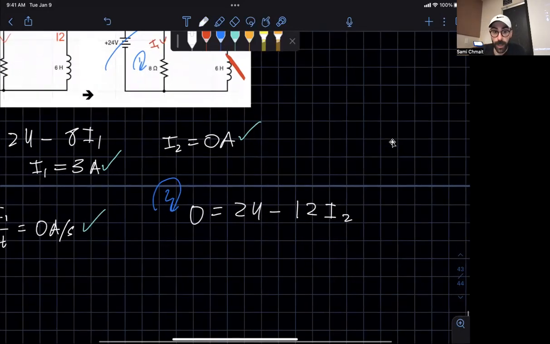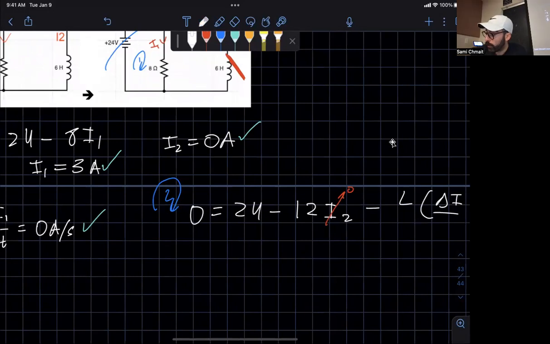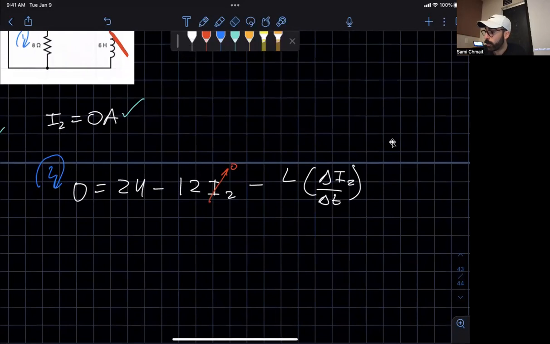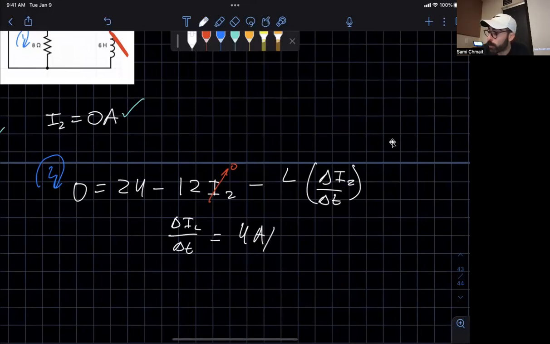We already talked about what I2 is equal to, 0 right after closure, minus L times the change in I divided by delta T. And this is for the second inductor right here. Okay, and this is the equation that I actually gave you on the first page, called equation number 1. When you work this all out, you'll end up solving for delta I2 over delta T, which is going to be equal to 4 amps per second.